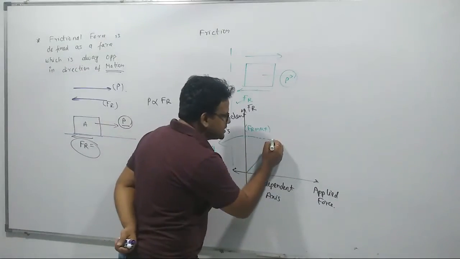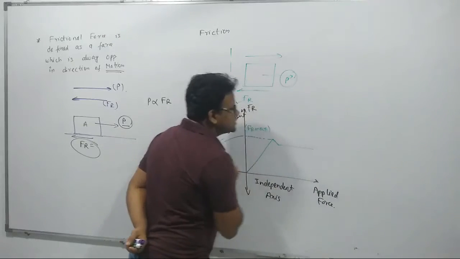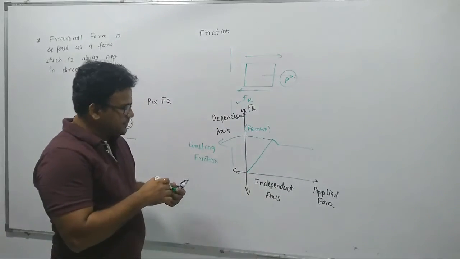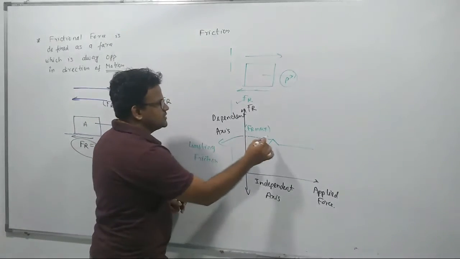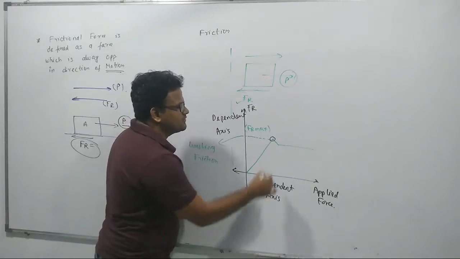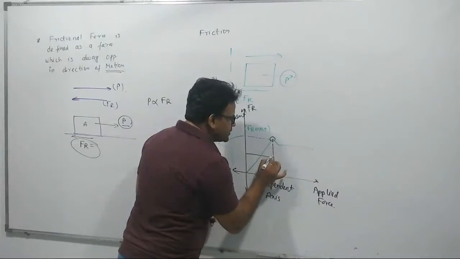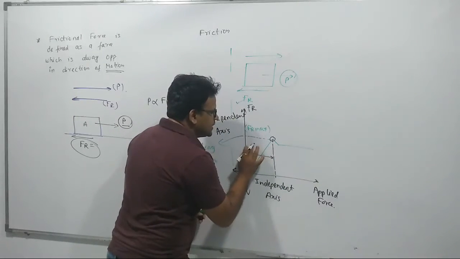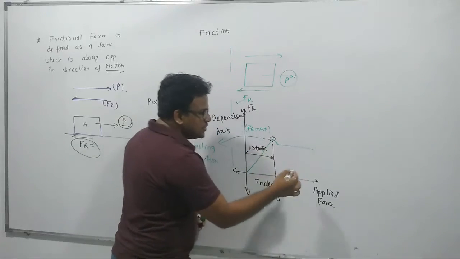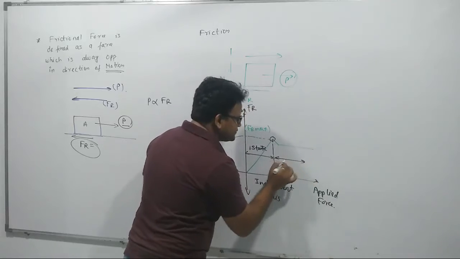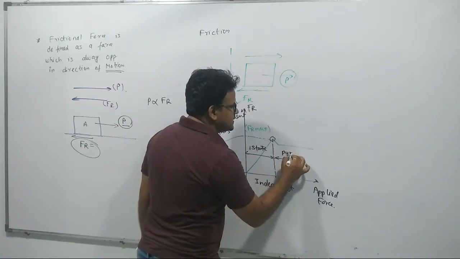Beyond that, if you increase the force by a small amount, the frictional force decreases. This point is also called the point of limiting friction. Before the point of limiting friction, the body is in static condition. Beyond the point of limiting friction, the body becomes dynamic.